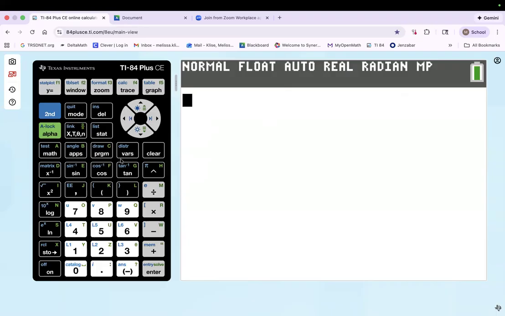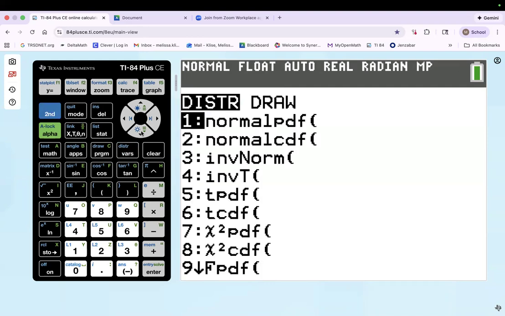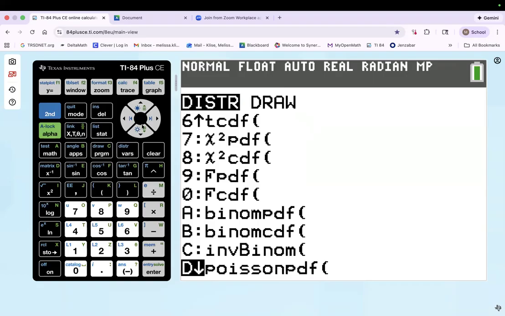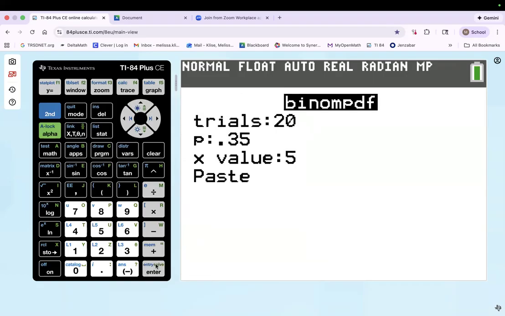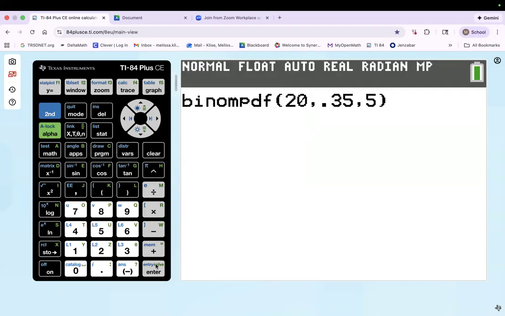So make sure you're in the home screen when you start. How do I get back to my home screen? Second mode and it'll get you out of there. Perfect. Then you should be able to do second vars and scroll all the way down to the binom PDF, and then you should be good. Perfect. Thank you. You're welcome. I'm glad I could help.